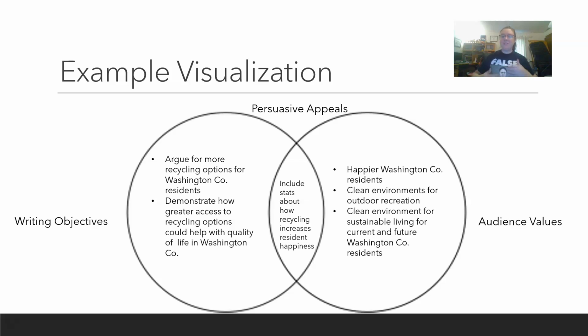So you say, okay, this helps me get my point across, but it also speaks to the values that my audience holds. So again, that's where our persuasive appeals begin to emerge.